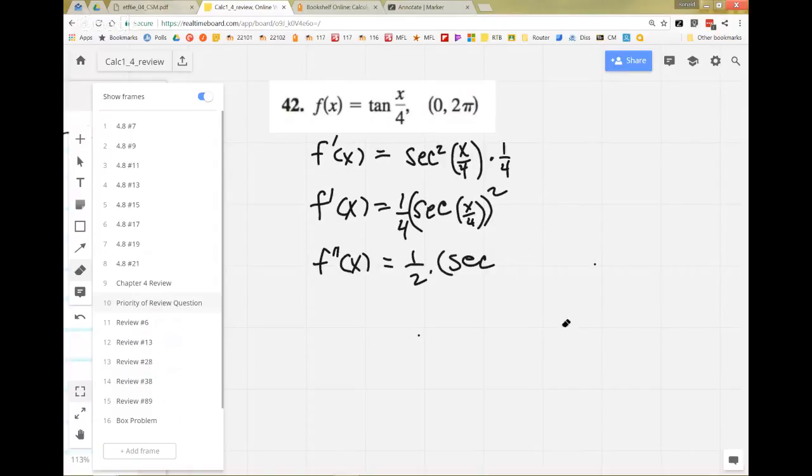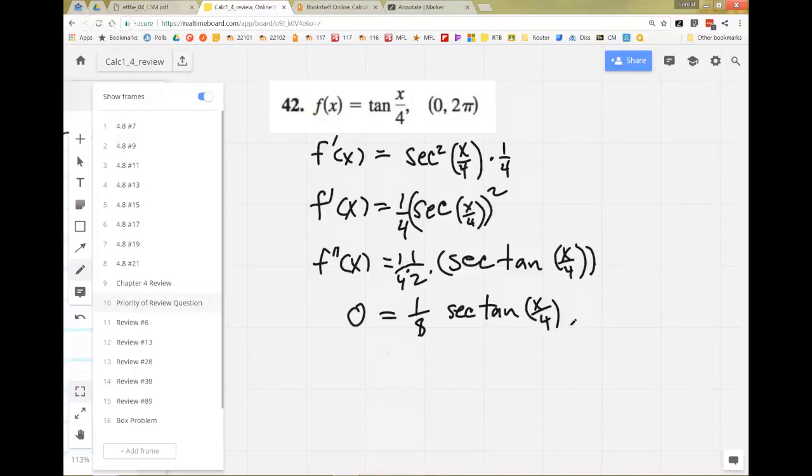The secant tangent of x over 4. And then we have a chain rule there. X over 4, again, is 1/4 x, and the derivative of that is 1/4. So we have times 1/4. So we have 1/8 times the secant times the tangent of x over 4. And now the question is, when is that equal to 0?